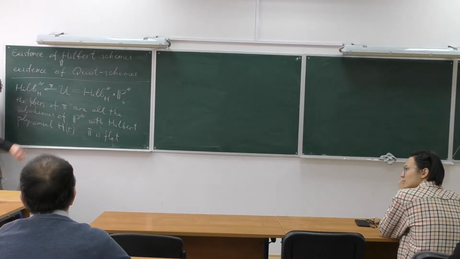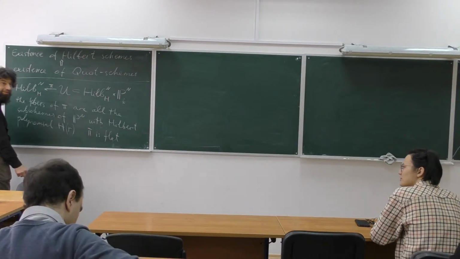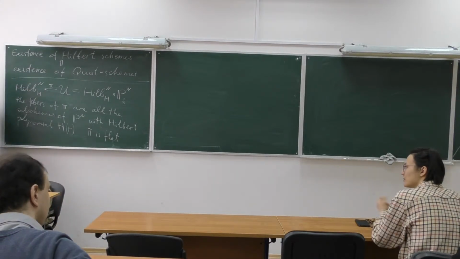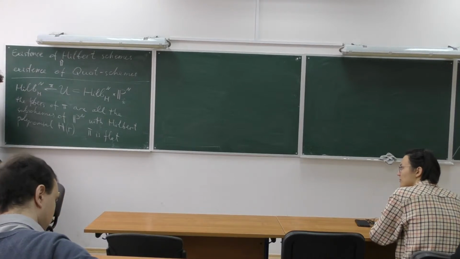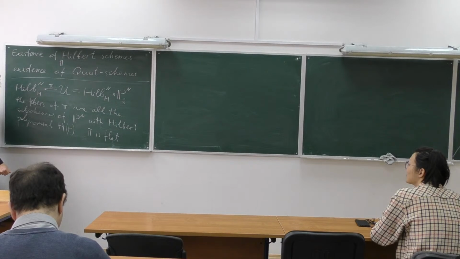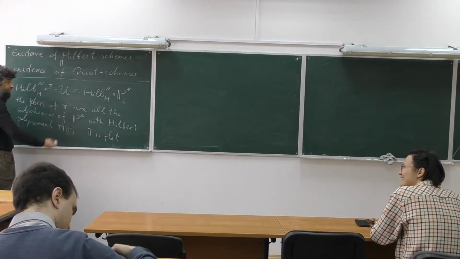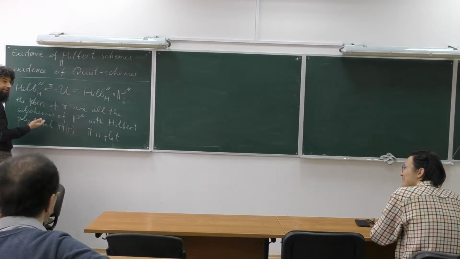Right. So we discussed this last time, so maybe I will not repeat this discussion. The universal family was not discussed. We just discussed that this Hilbert scheme is a representing object. Yes, but it just means that there is a universal family, right? By the very definition. Any family is induced from this one, just by pullback.